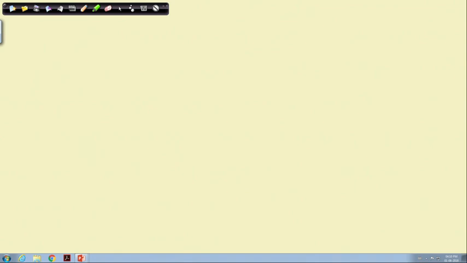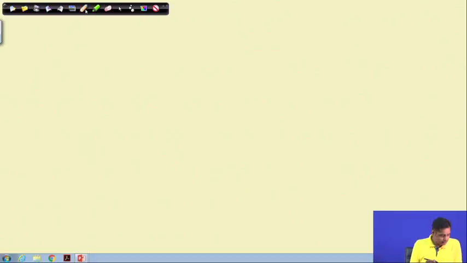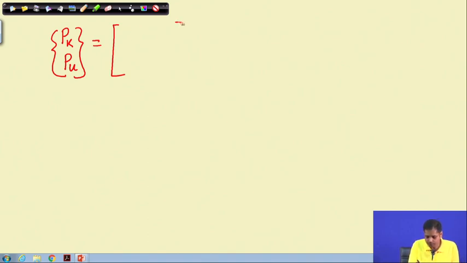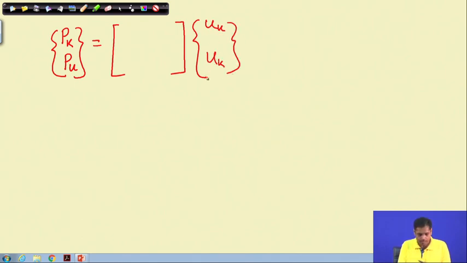P known, P unknown is equal to the stiffness matrix times U unknown, U known, with the blocks K known-unknown, K known-known, K unknown-unknown and K unknown-known.